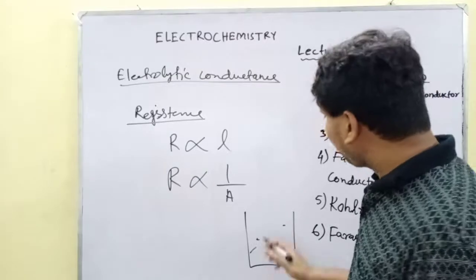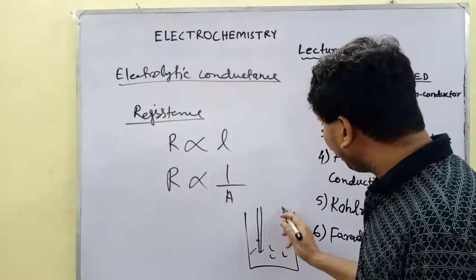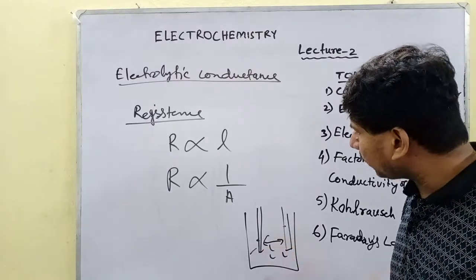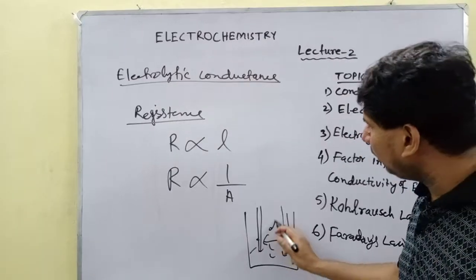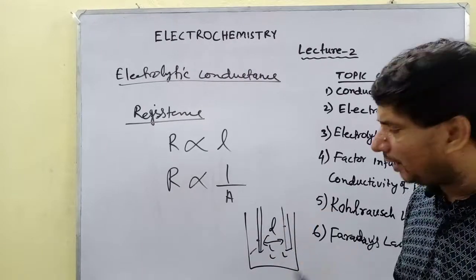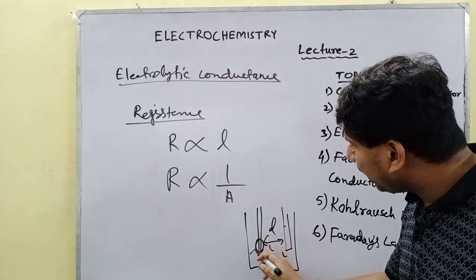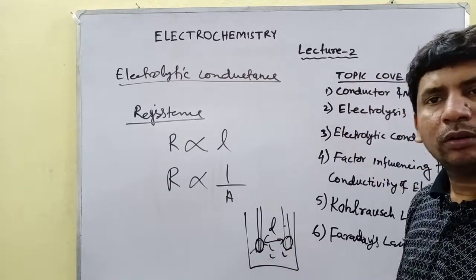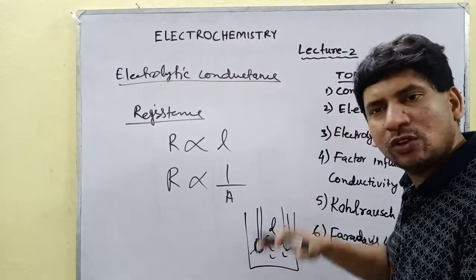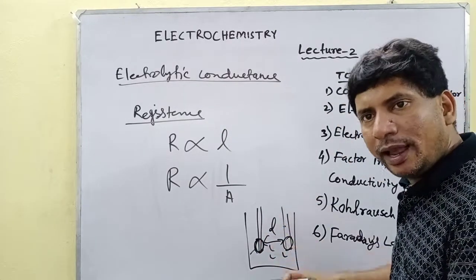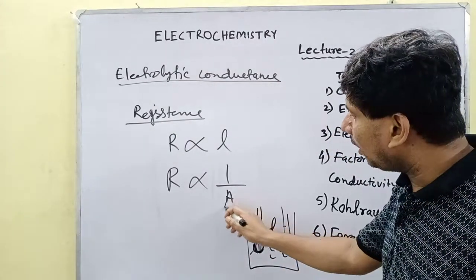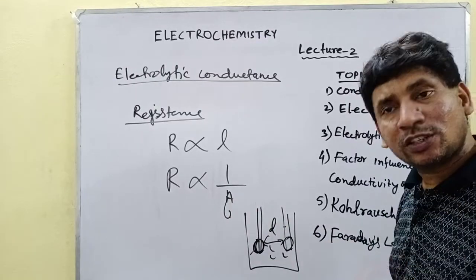Is there any wire? No. So if there is a cathode and if there is an anode, then what happens? The distance between this cathode and anode is known as L. And the area of the electrode which is deep in the solution, the area of this part of the electrode, is known as the area, that is A, that is the cross section.